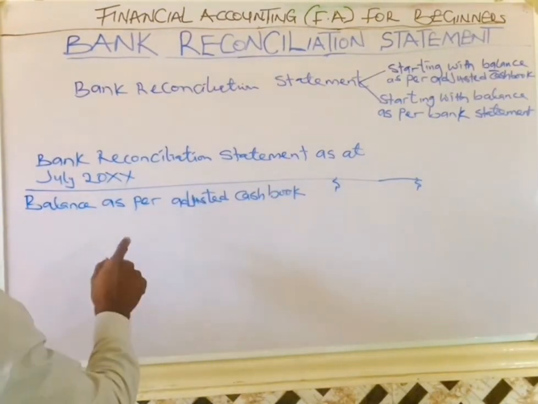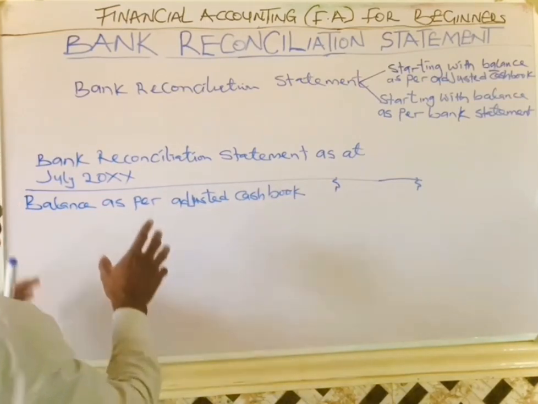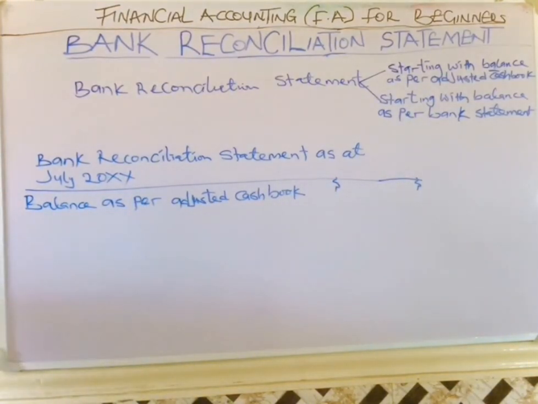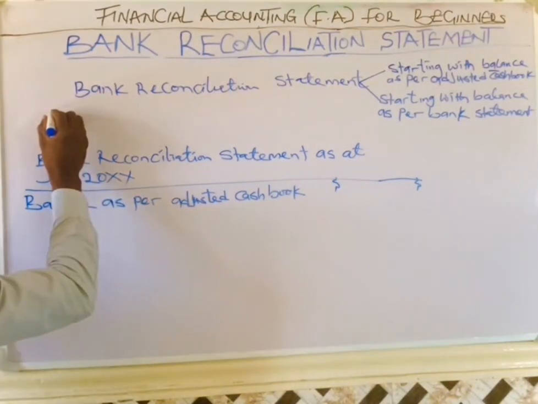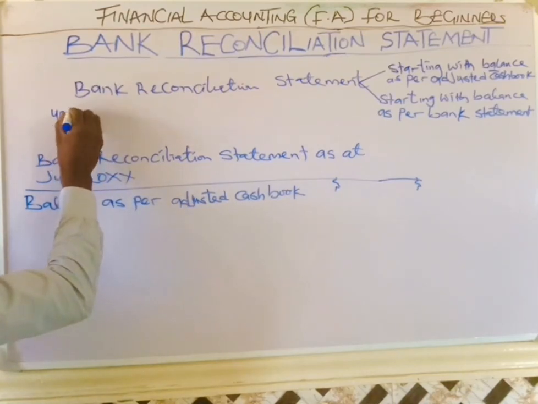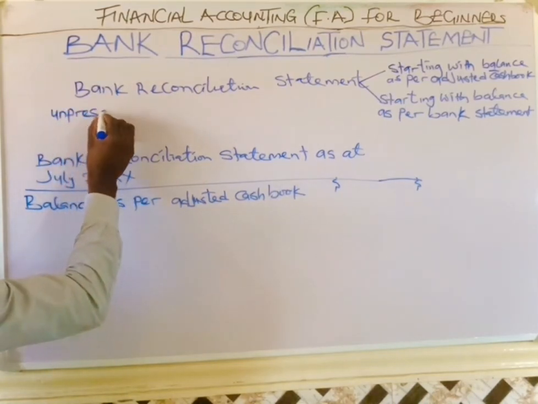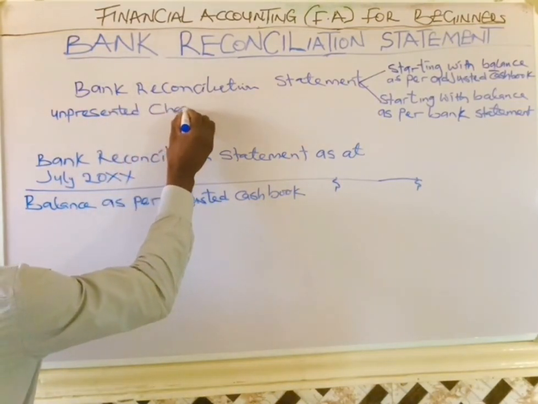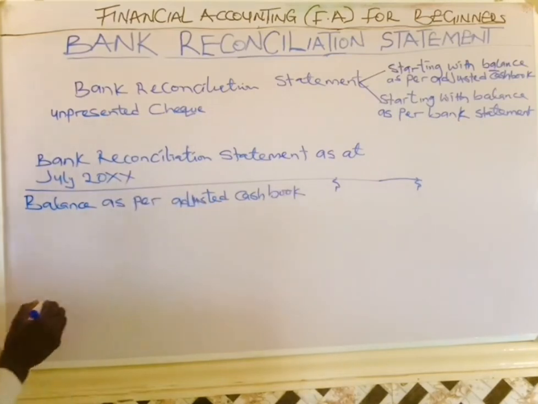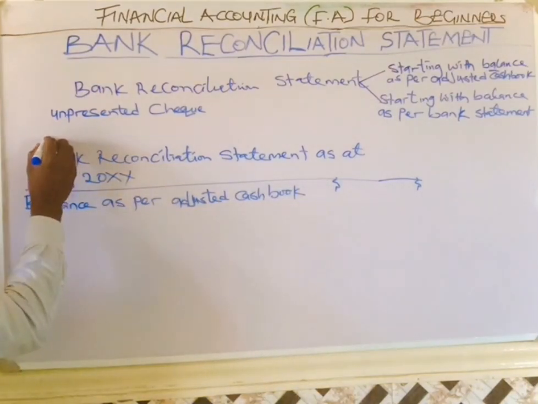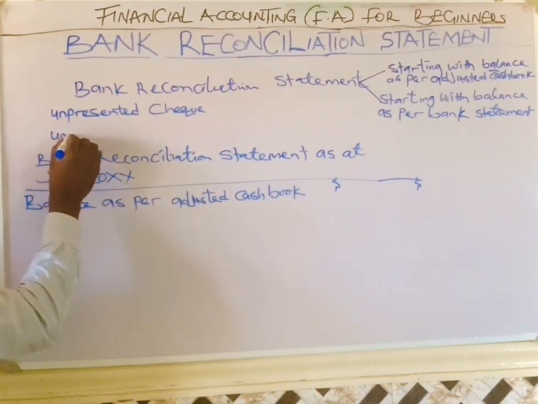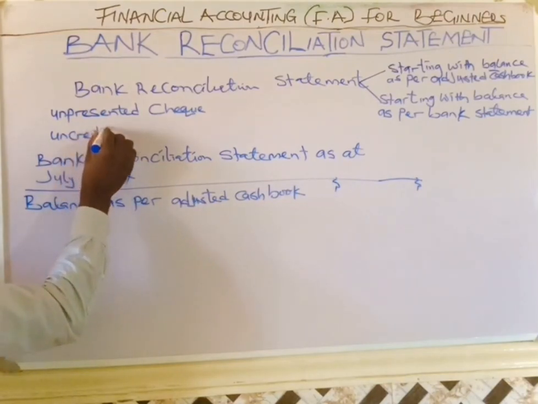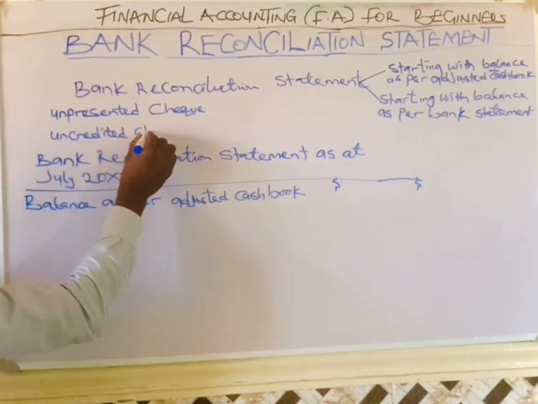So in the bank reconciliation statement, those items that we did not use in our adjusted cash book are two. One is the unpresented check, and the second one is the uncredited check.